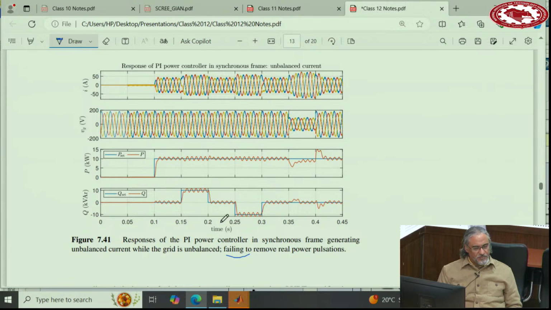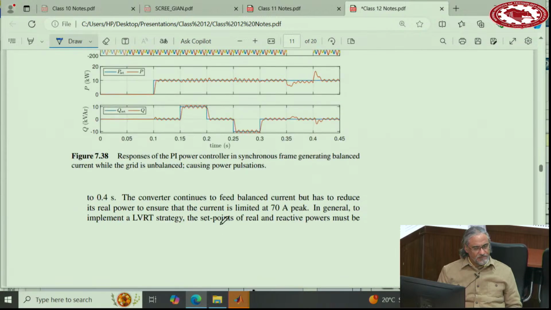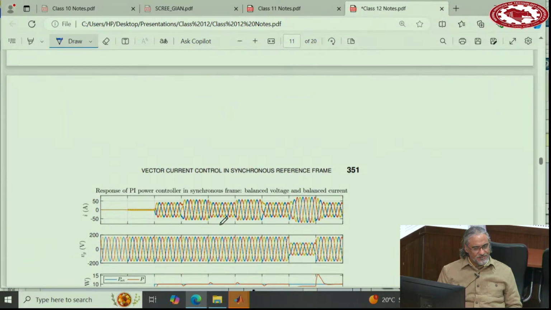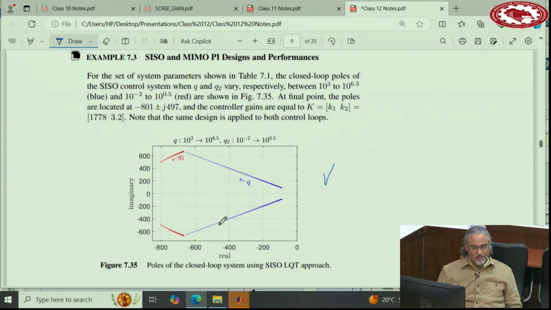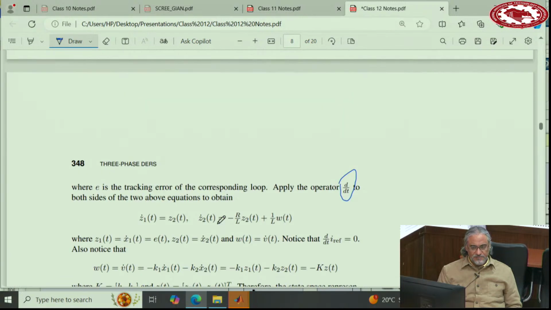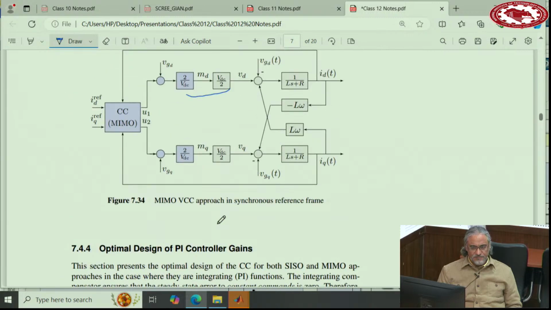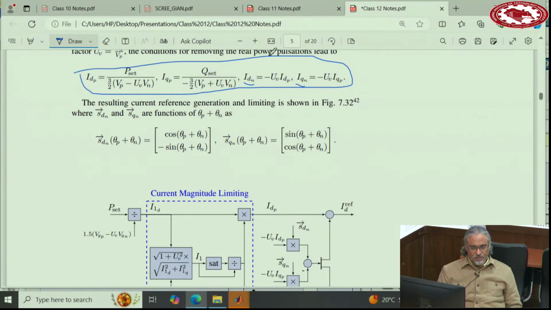Okay. Let me see what I've explained here. Are we taking care of the negative sequence component of the current? Yeah, I followed these equations to remove the pulsation, and we calculated them this way.